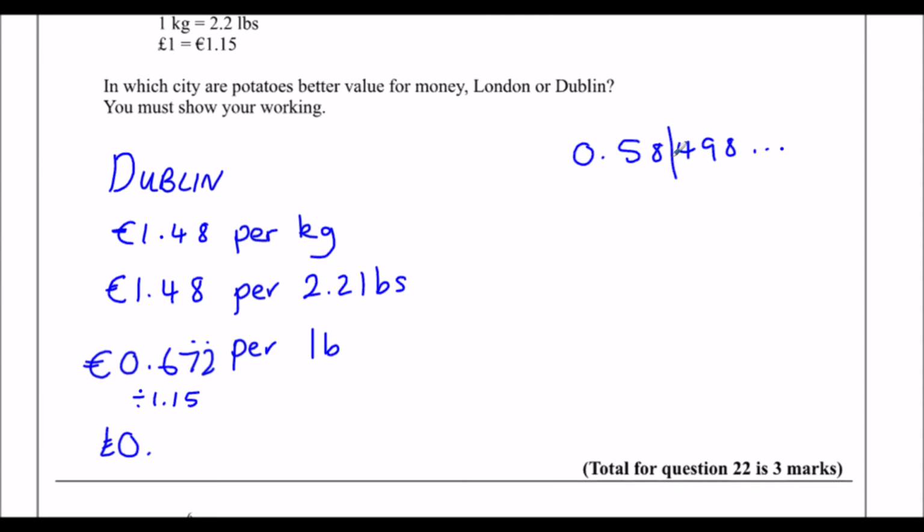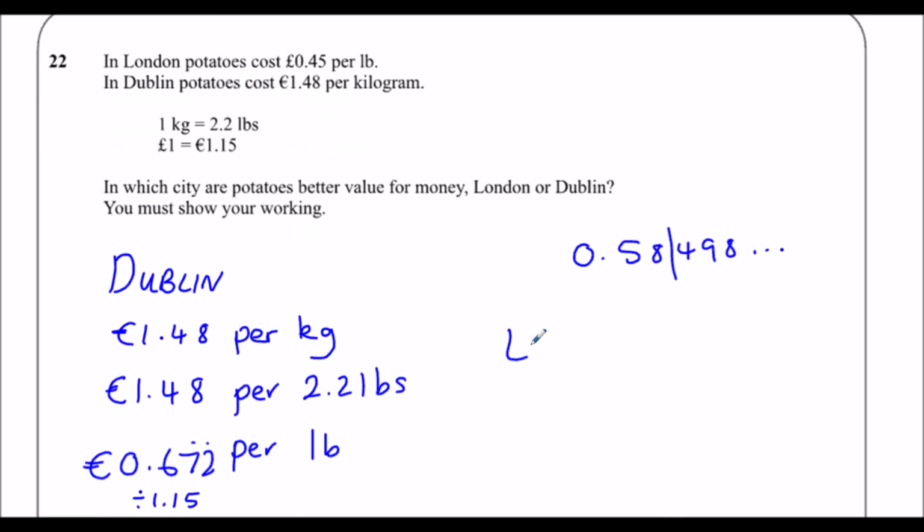I've got 58p. The 4 comes next, so it doesn't round up. It stays at 58p. So in Dublin, we're paying 58p per kilogram. London is 45p per kilogram, so London is cheaper.